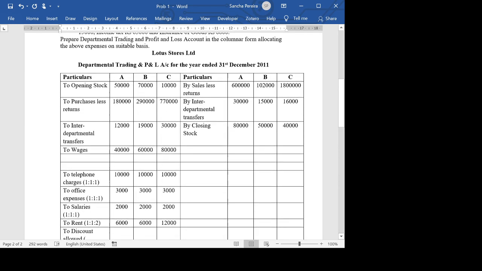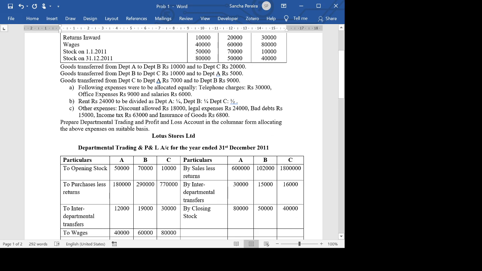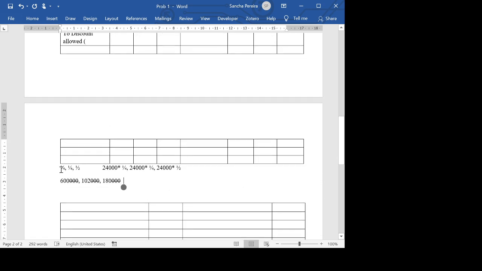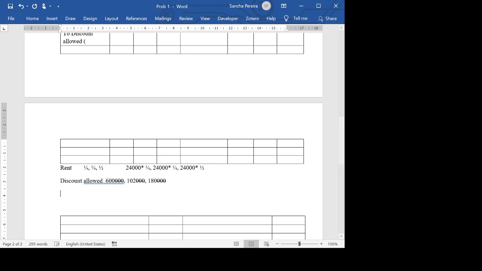We have to divide discount allowed, that is 18,000, in the ratio of 600 is to 102 is to 180.